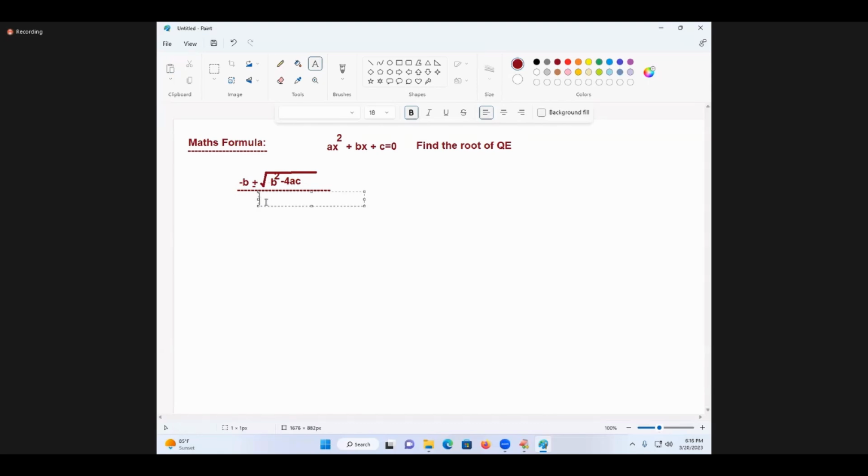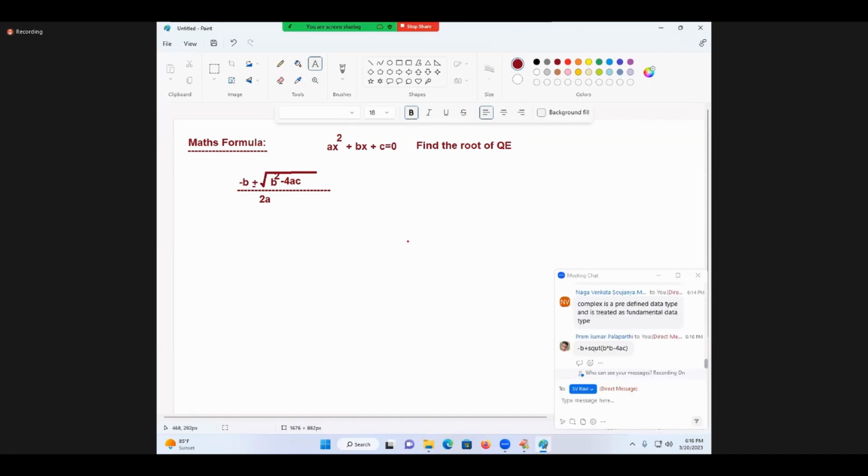Now, the square root of b square minus 4ac, whatever the part inside of it, is called the discriminant. This discriminant value may be greater than 0.